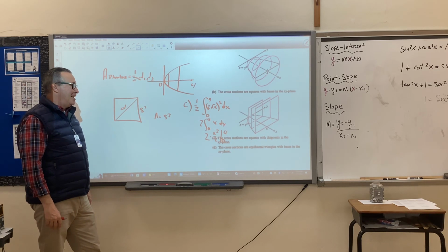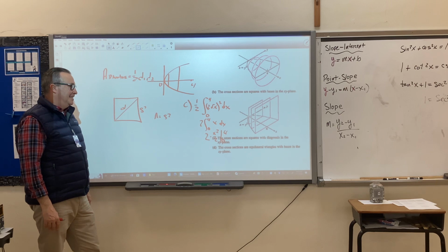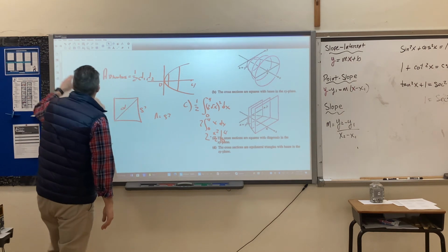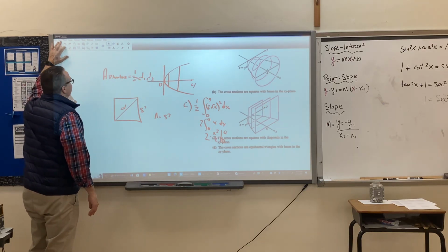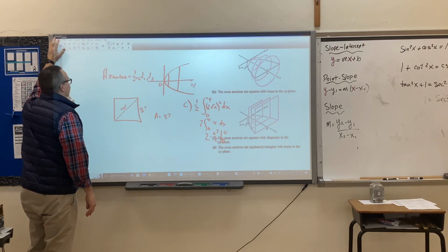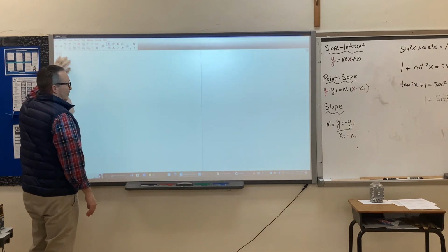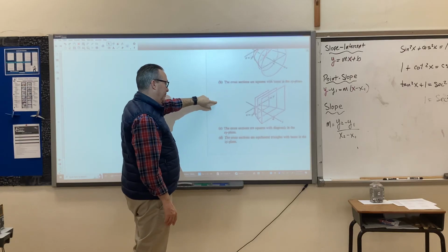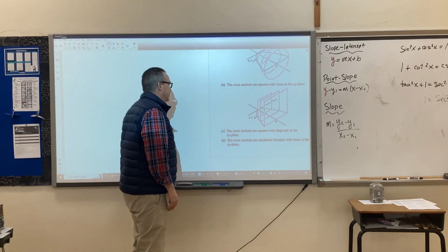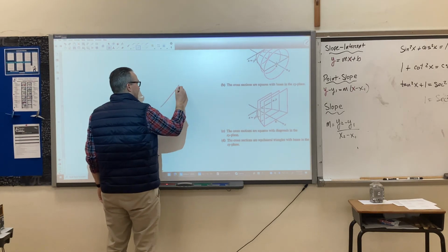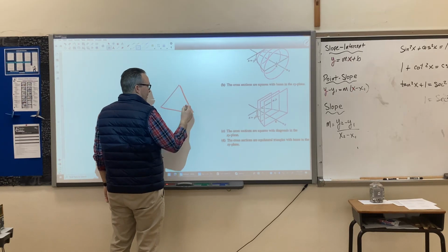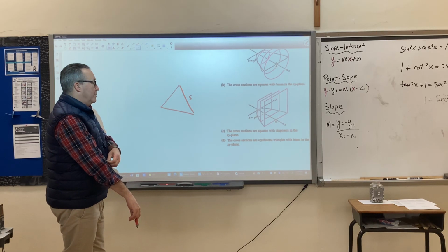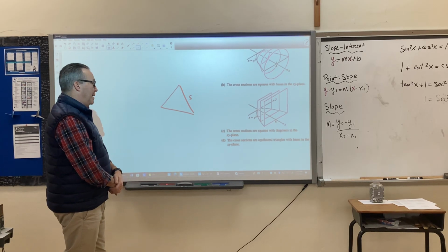Now an equilateral triangle. I don't know why this is continuing, but I guess that's what I assigned. Equilateral triangle. Cross sections are equilateral triangles with bases in the region.